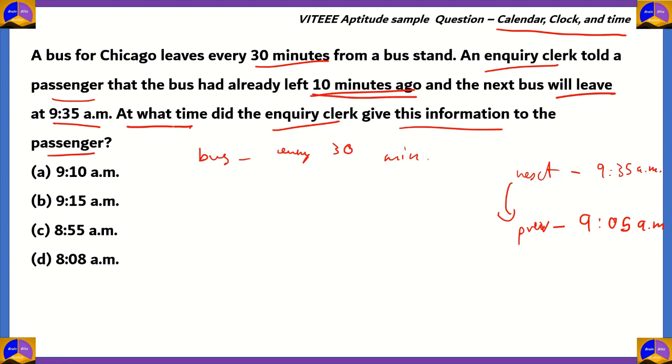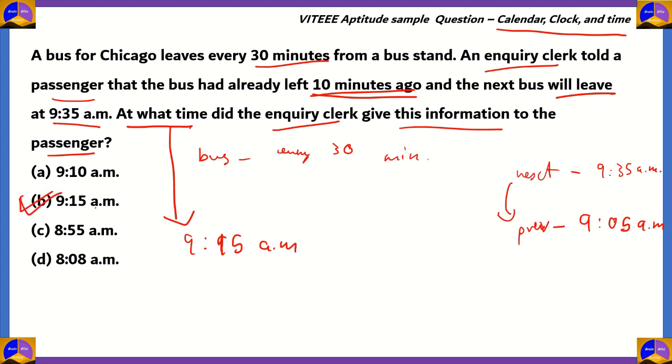So at what time did the inquiry clerk give this information? That'll be 10 minutes after 9:05, which is 9:15 a.m. So 9:15 in the morning was the time at which the inquiry clerk gave this information to the passenger.